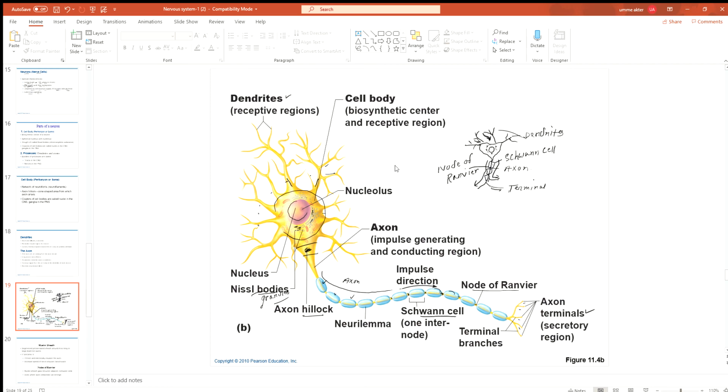And now another neuron is next to it. So this is another neuron, and you see here what happens. The dendrite of this neuron receives the signal from the axon terminal of the previous neuron. So this is the dendrite of this neuron, and this is the axon terminal of the previous neuron, and this is a synapse where they talk to each other.